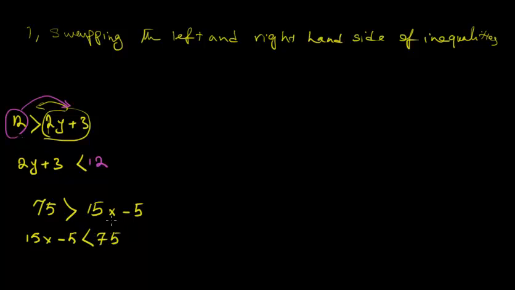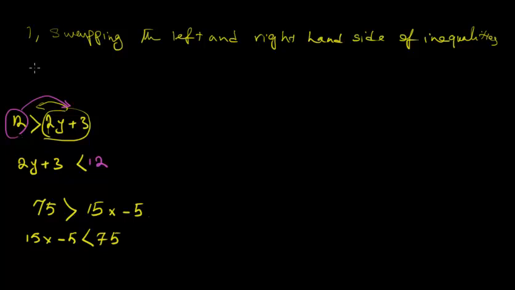So in this case, the statement is true. In the first form, we have 75 greater than 15x minus 5. Again, in the second form, we have 15x minus 5 less than 75. So this is the first situation in which we need to swap the sign.